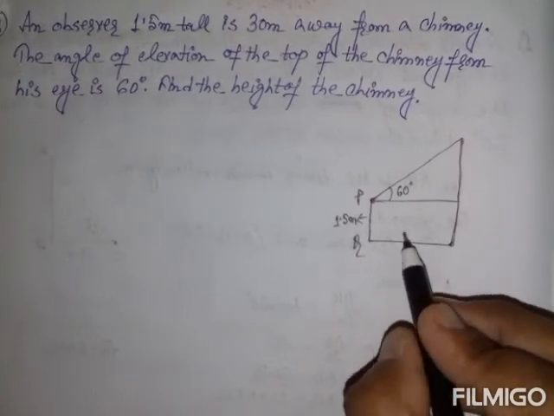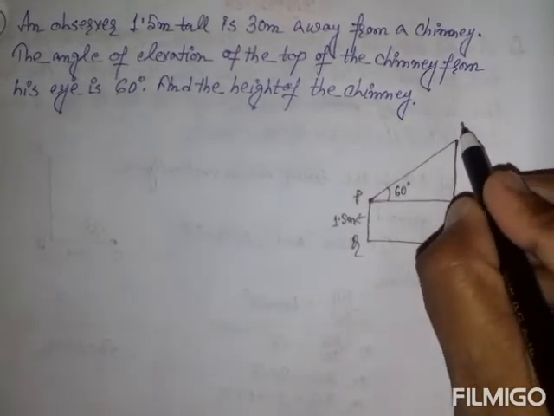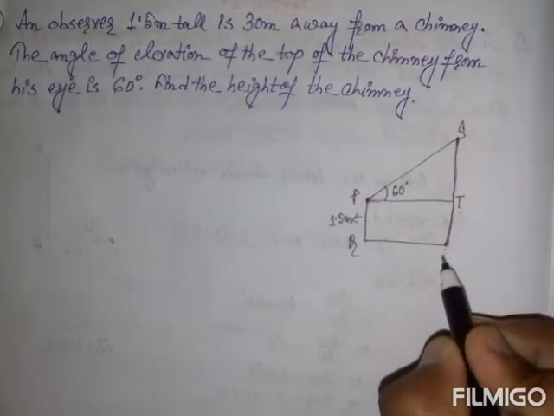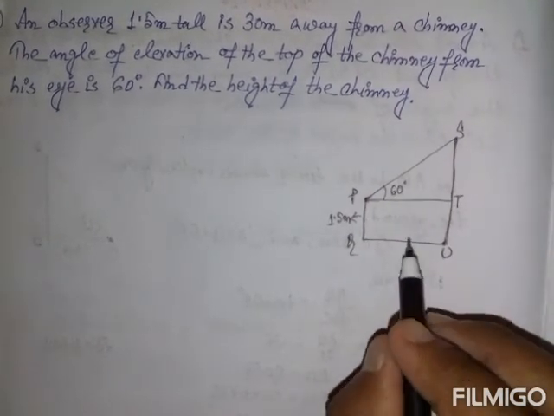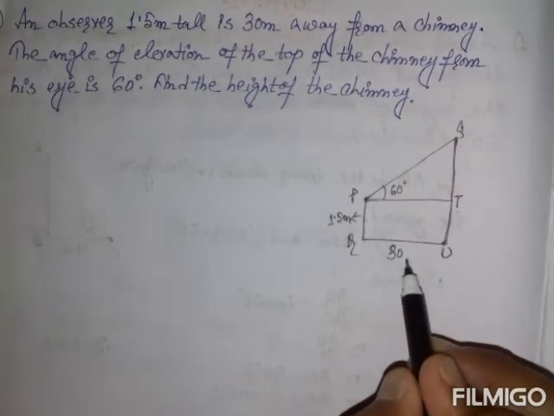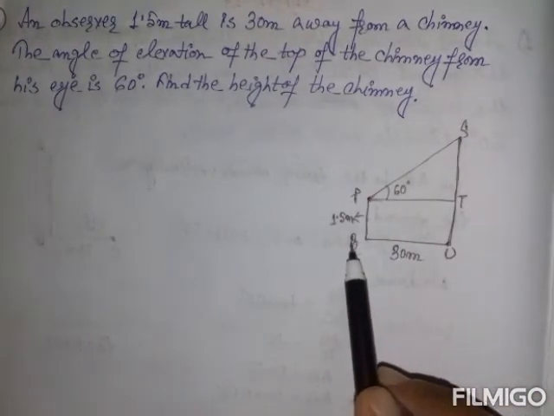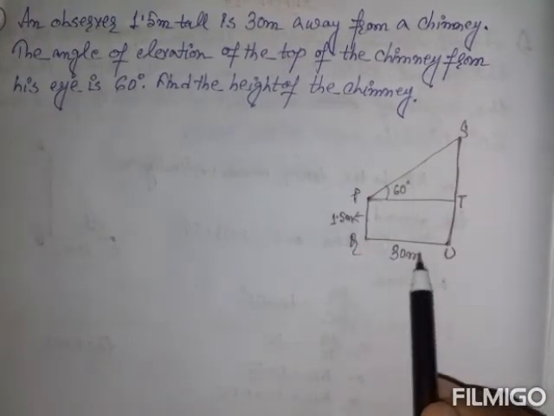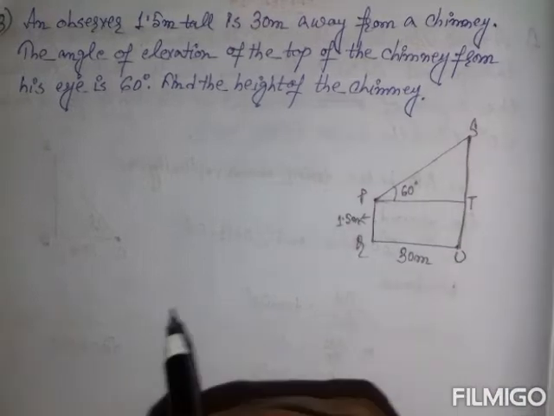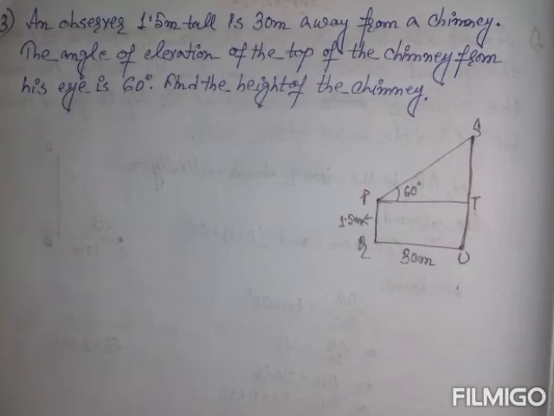Now this is the height, say STU, distance between Q and U means 30 meter. From the chimney to the observer, Q to U, is 30 meters. So we can find SU.